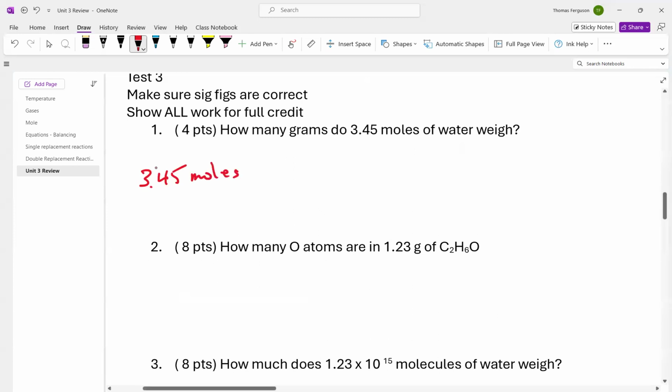We're trying to calculate grams. What conversion factor has both moles and grams in it? Molar mass.